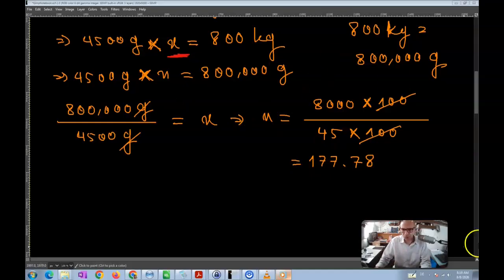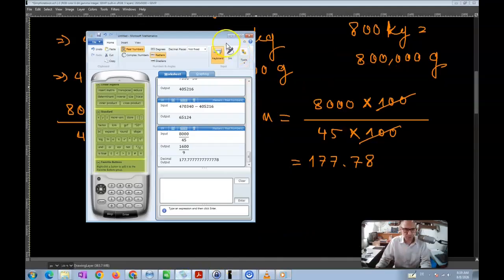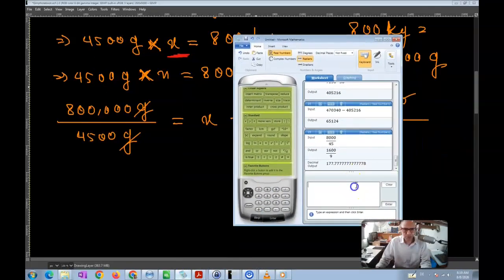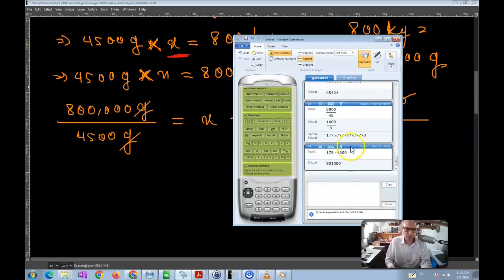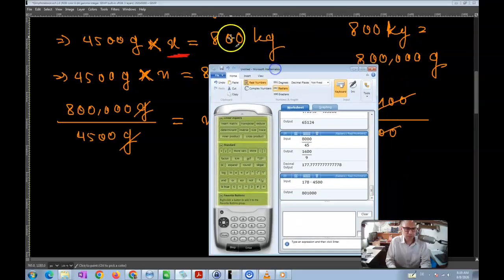I'll show you what I mean. If I round up, 178 times 4,500 grams is going to be 801,000 grams, which is 801 kilograms. And we said that the allowed weight is 800 kilograms, not 801. So of course I cannot use 178.